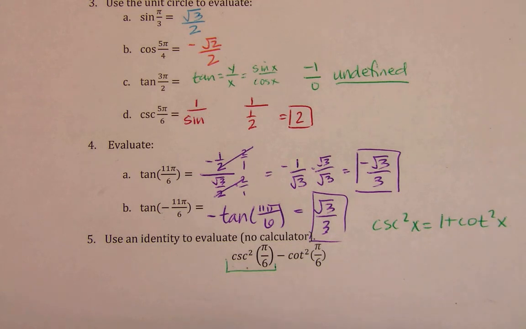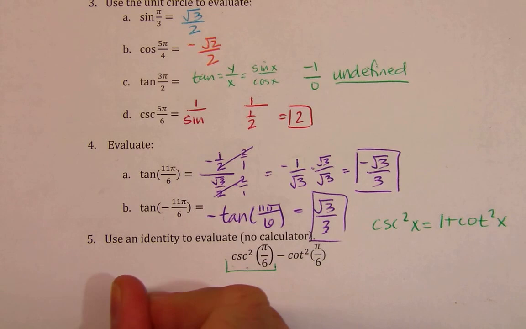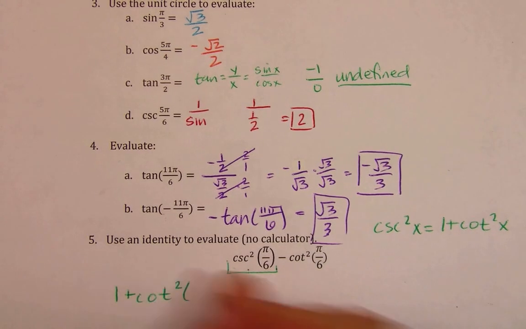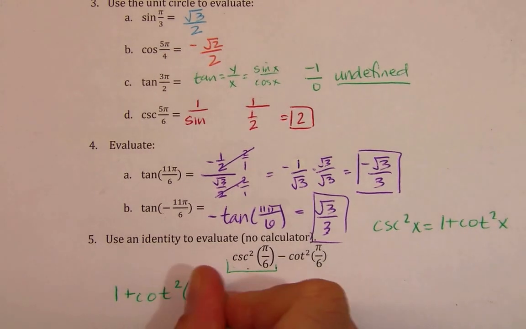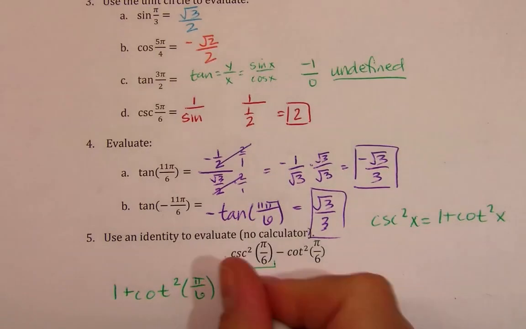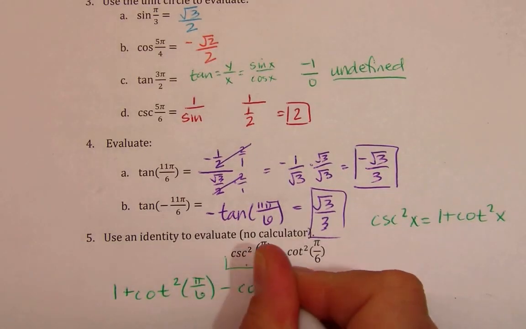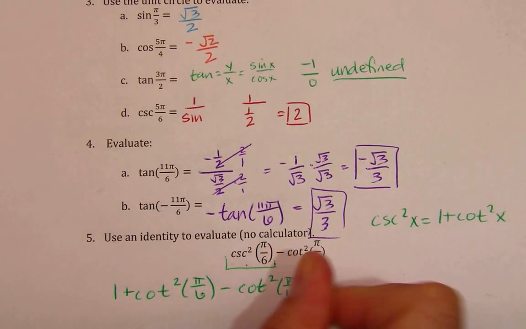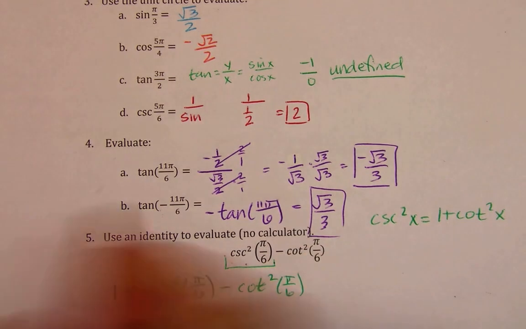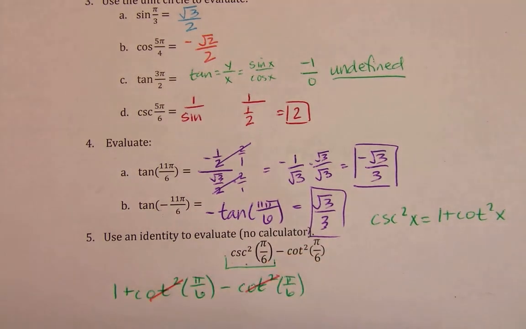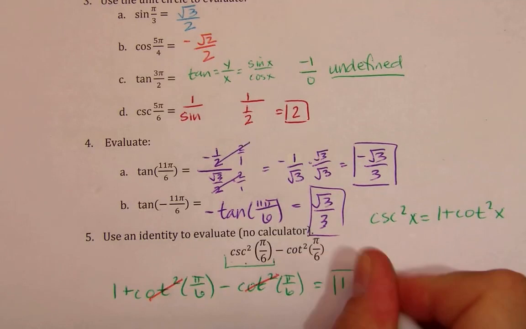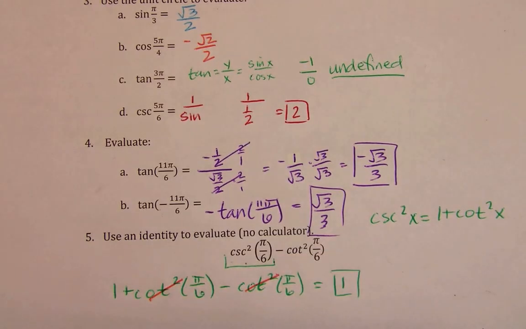So I can replace this with 1 plus cotangent squared of pi over 6, then minus cotangent squared of pi over 6. And what happens is these are going to cancel out. Our answer is just 1. No calculator needed.